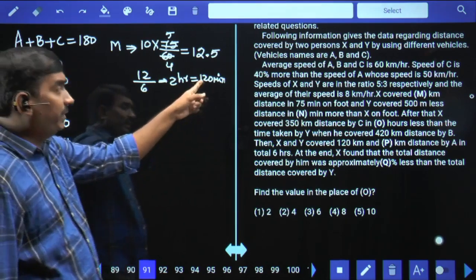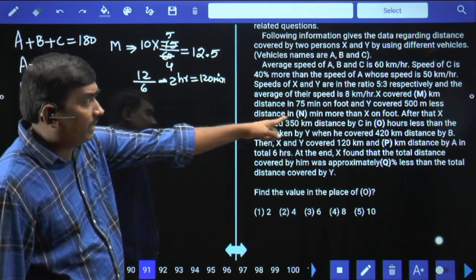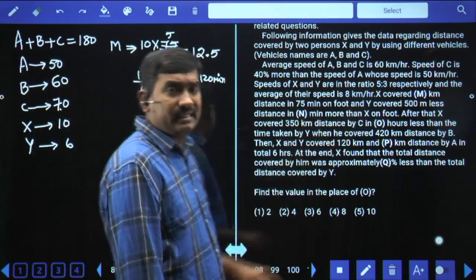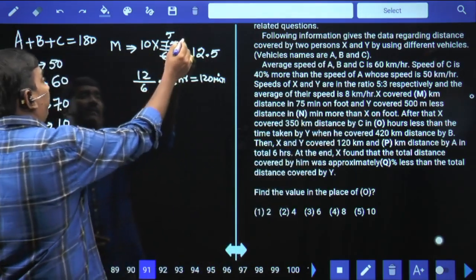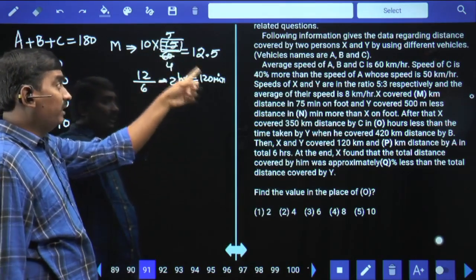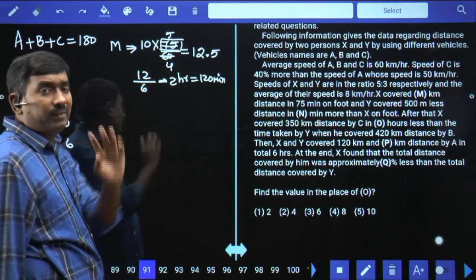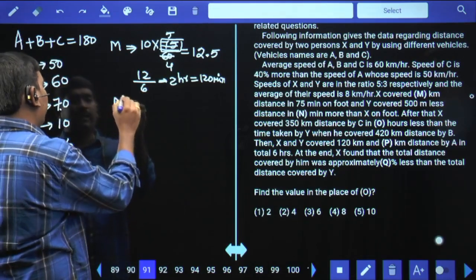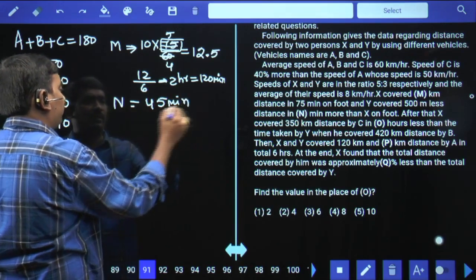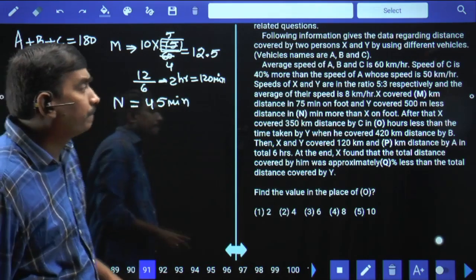This 120 minutes is how many minutes more than X? X takes 75 minutes. 120 is 45 minutes more than 75. So n is nothing but 45 minutes.